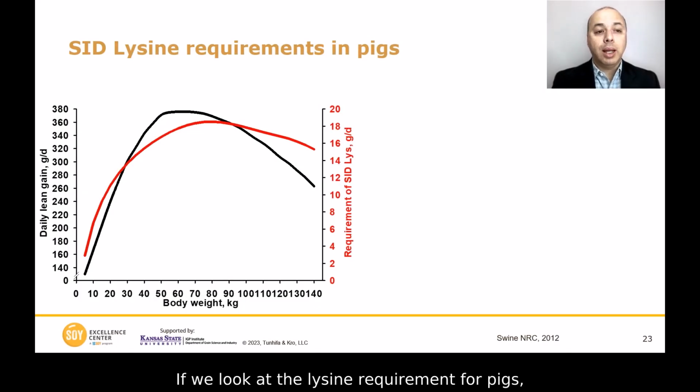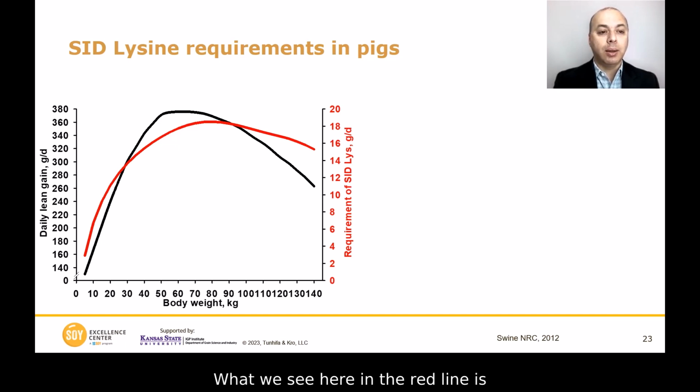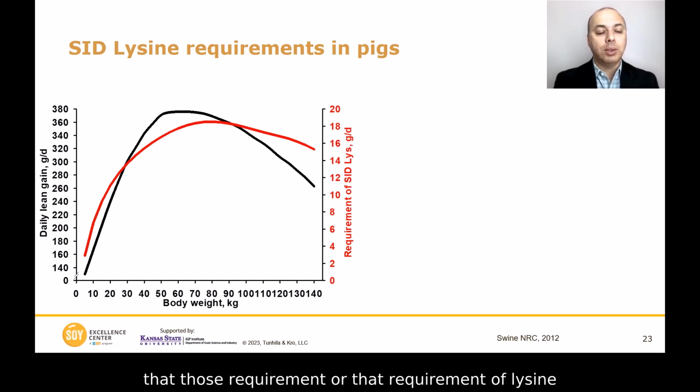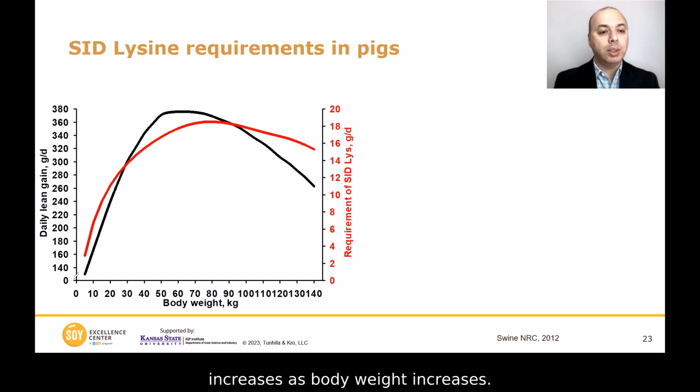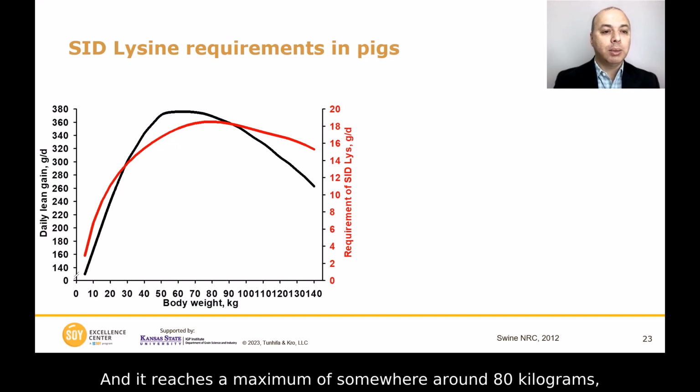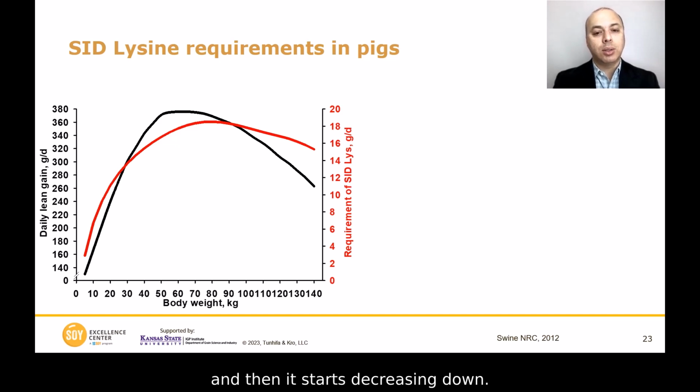If we look at the lysine requirement for pigs until about 140 kilograms of body weight, and this is information coming from the NRC, what we see here in the red line is that the requirement of lysine increases as body weight increases, and it reaches a maximum of somewhere around 80 kilograms, and then it starts decreasing.